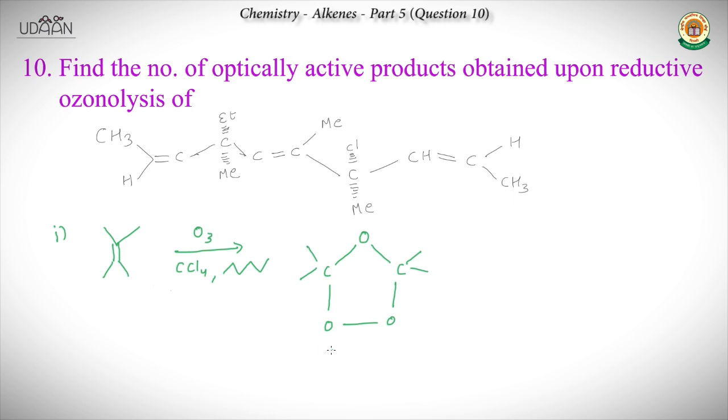This is ozonide. It's very unstable because of the presence of the O-O bond, and you know that O has two lone pairs of electrons, and these lone pairs repel, and as a result it will be very unstable.